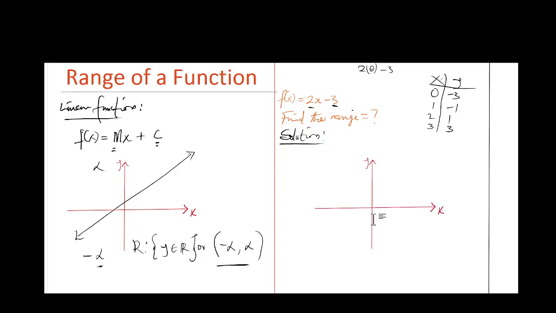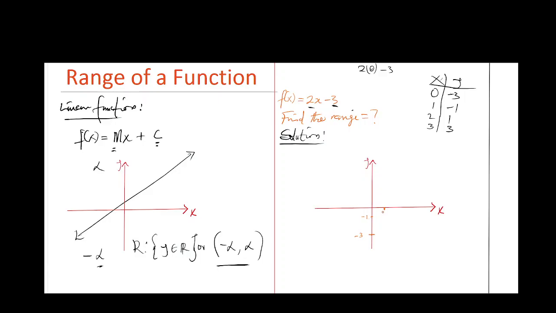Let's plot this graph and see what we get. So when x is 0, which is at the origin, y is minus 3, so we have minus 3 here. When x is 1, it's somewhere here, and y is minus 1, meaning minus 1 is somewhere here.